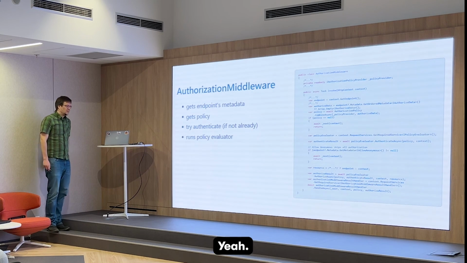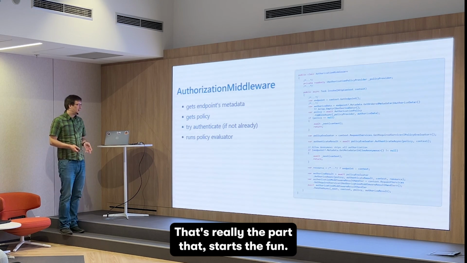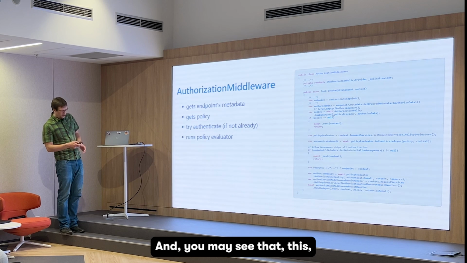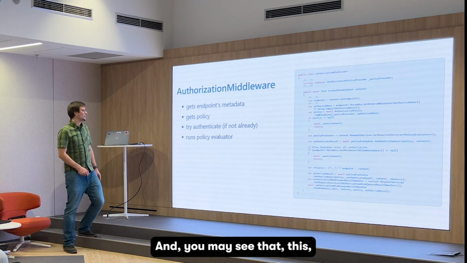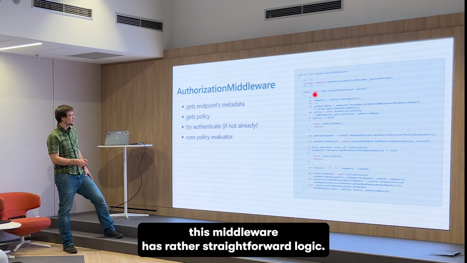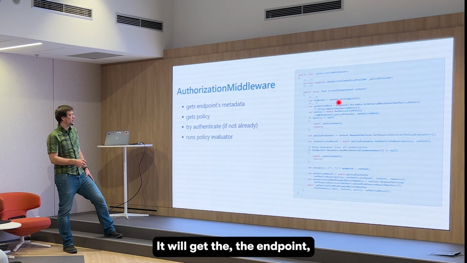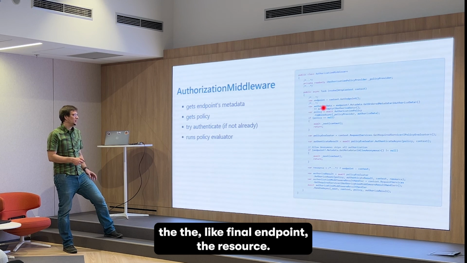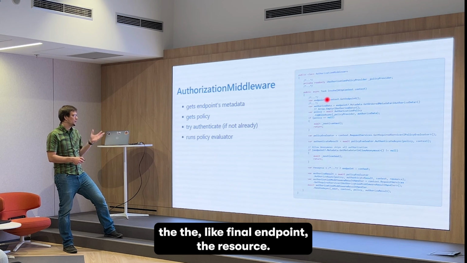The authorization middleware is really the part that starts the fun, and you may see that it has rather straightforward logic. It will get the endpoint, the final endpoint, the resource.